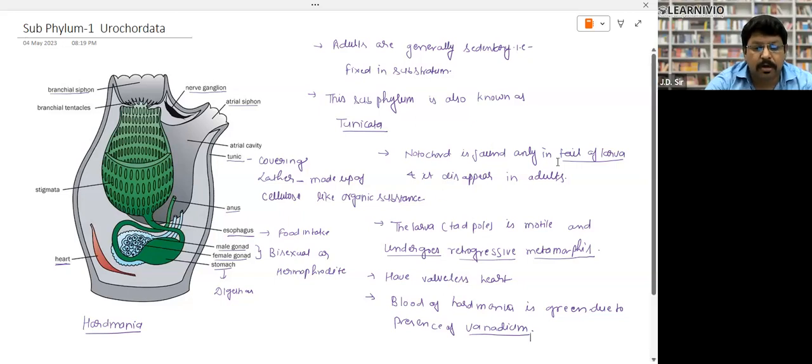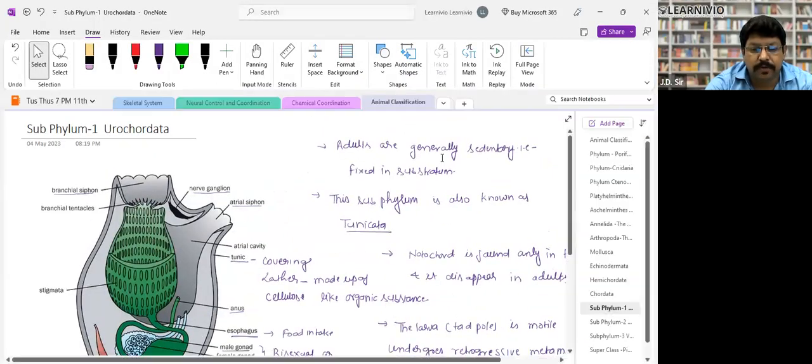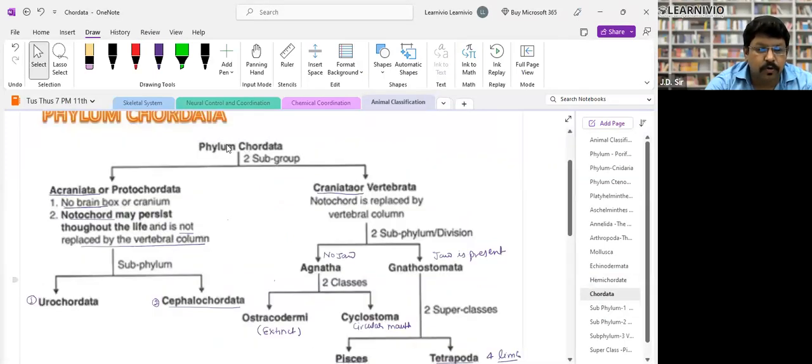Okay. So look, I told you chordata have been divided into two subgroups. First group, Acraniata. Acraniata means those that do not have cranium or skull. The second one, Craniata, are those which have the cranium.